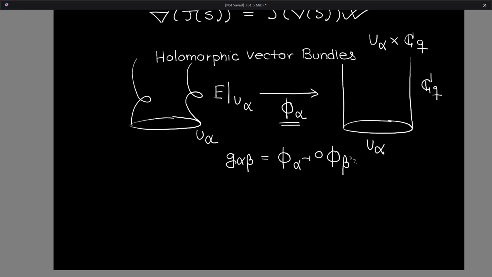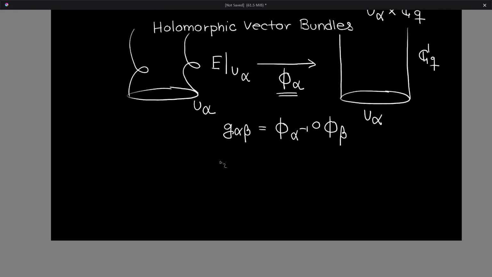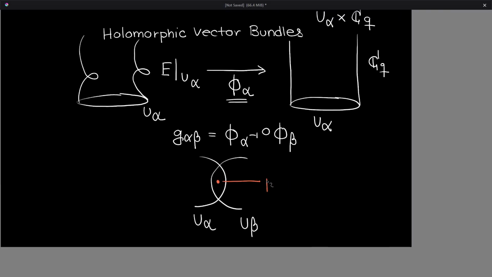But the underlying problem is still the same, which is if I have two intersecting open sets, U alpha and U beta, I might have the same point P in the middle, and there's a fiber for both of the local trivializations. So there's a fiber E_p alpha, and there's a fiber E_p beta.